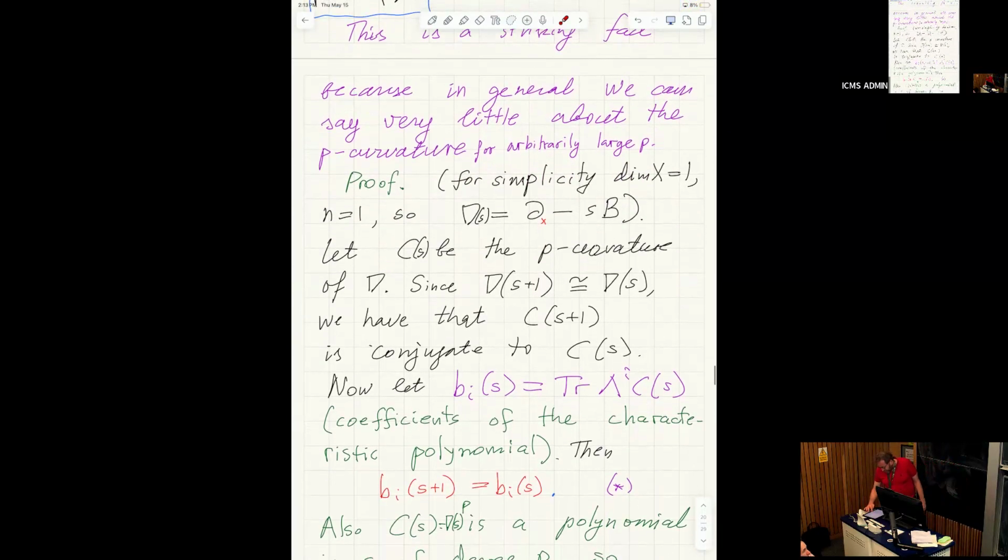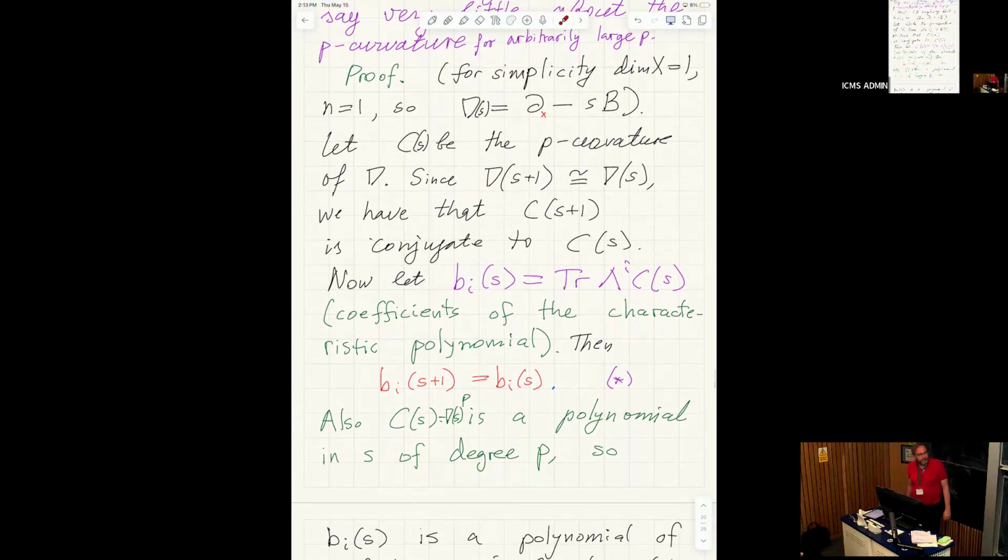So, okay, let me explain the proof because it is actually quite instructive. The proof I will show is just in the one variable case. In this case, we have a connection d minus sB, and C of s is the p-curvature, which is just a matrix depending on s. And we have an isomorphism, nabla of s plus 1 is isomorphic to nabla of s because of the periodicity.